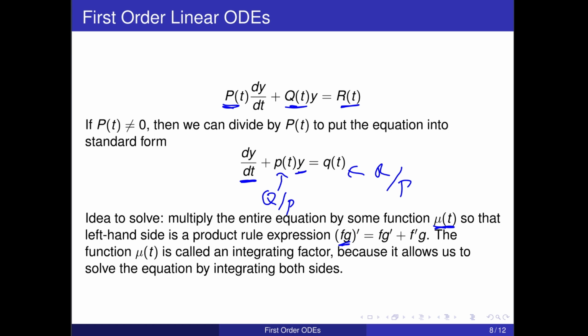So this is, again, the same kind of thing. This mu of t is called an integrating factor because it allows us to solve the equation by integrating both sides. All right, so how do we find this unknown function mu of t is the question.